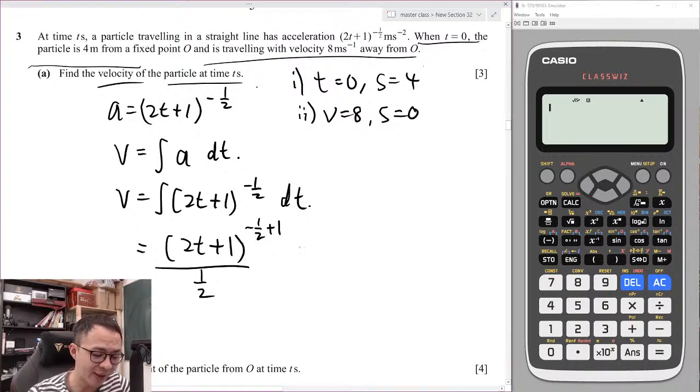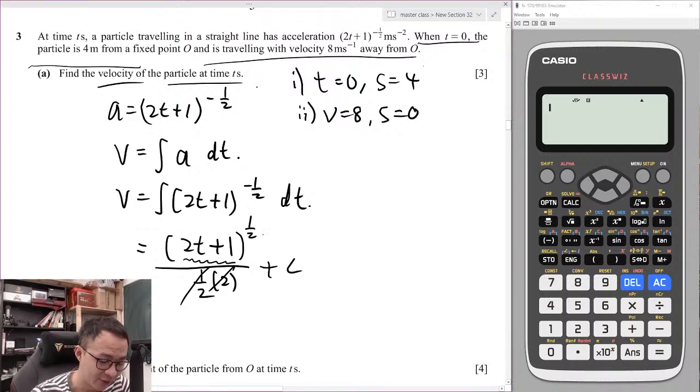And then I need to differentiate the inside, at the bottom. Imagine if I differentiate 2t plus 1, what do I get? I keep getting 2, isn't it? Plus c here. So 2 over a half I simplify. So the top will be negative half plus 1, which is just power half. So v is basically equal to the square root of 2t plus 1, plus c.